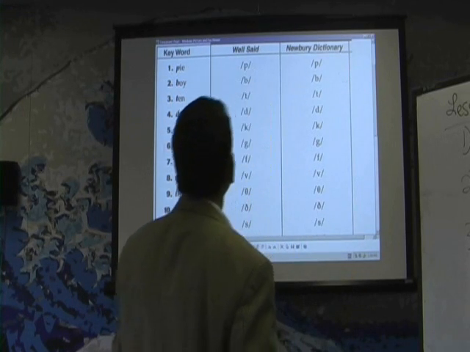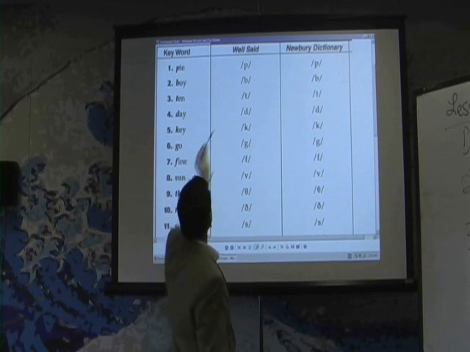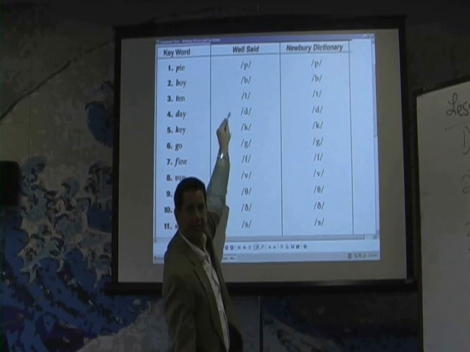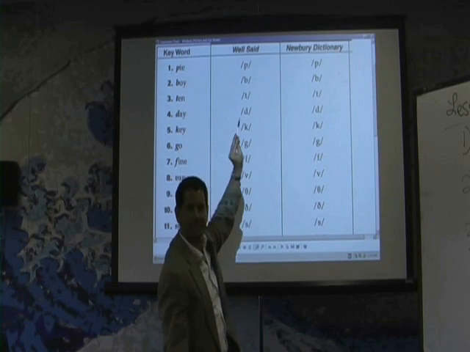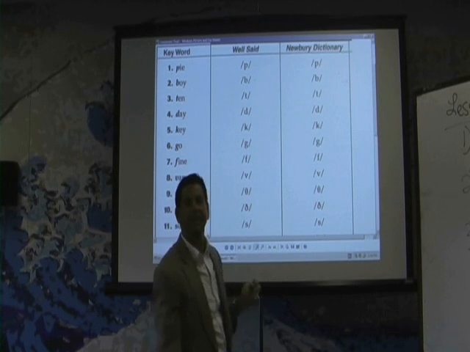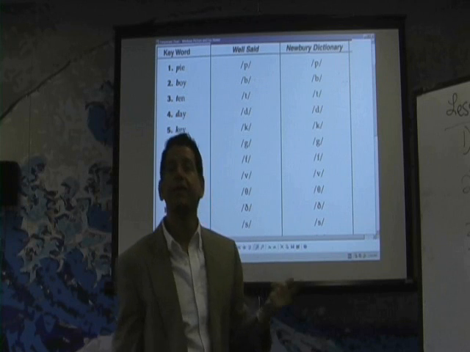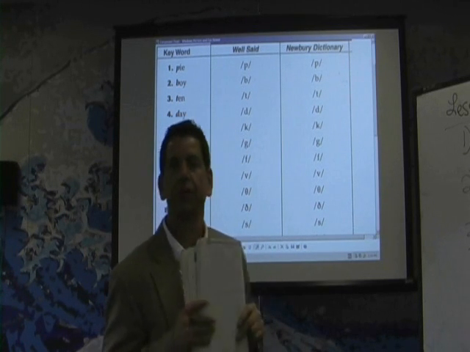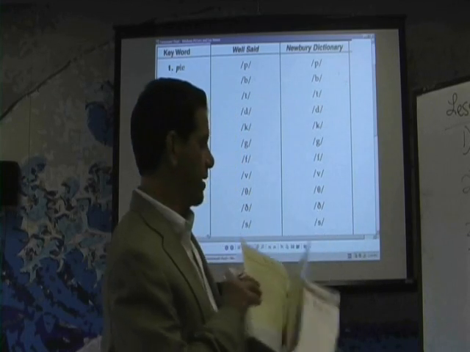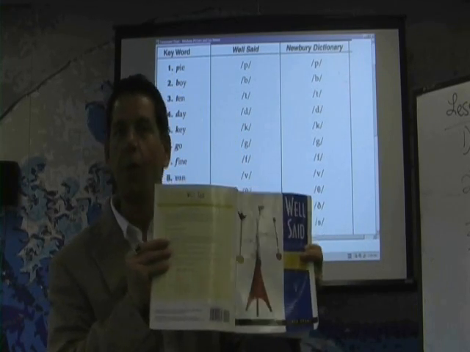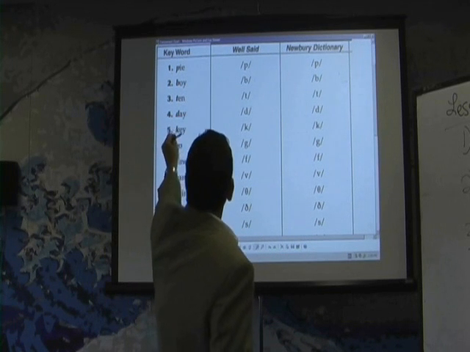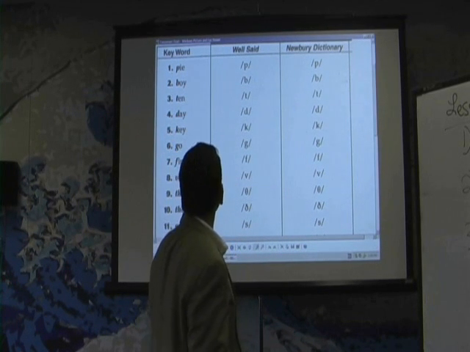And the symbols for these are represented by brackets, small case t, and small case d. Ta and da. All right. For both dictionaries, for either the Well Said textbook or the most standard dictionaries. Ka and ga. All right.